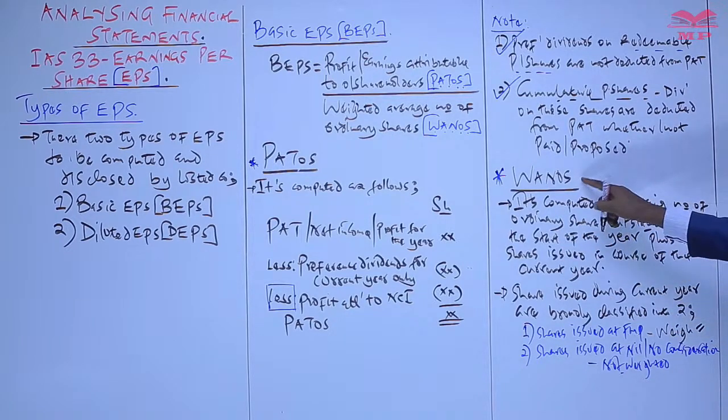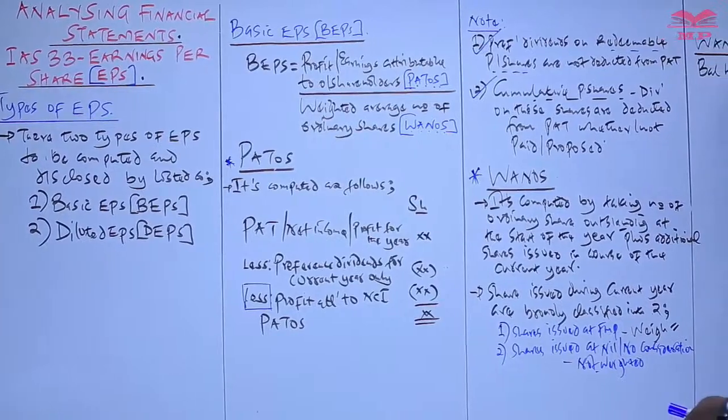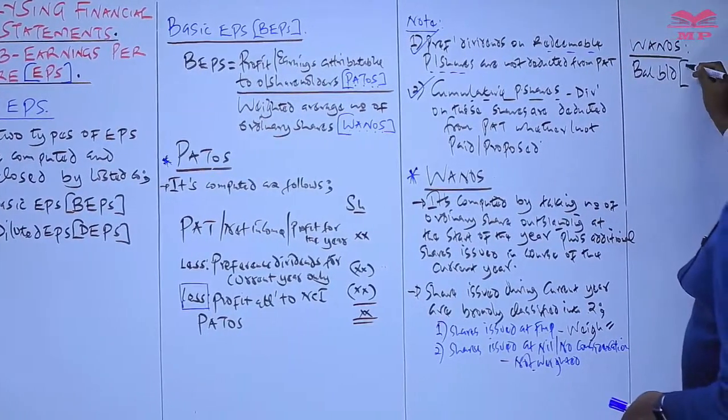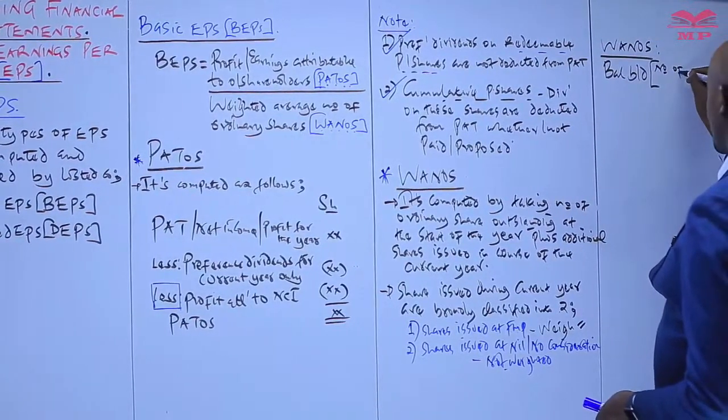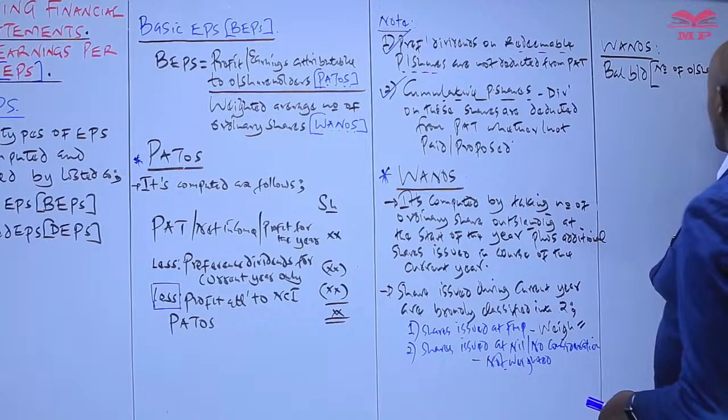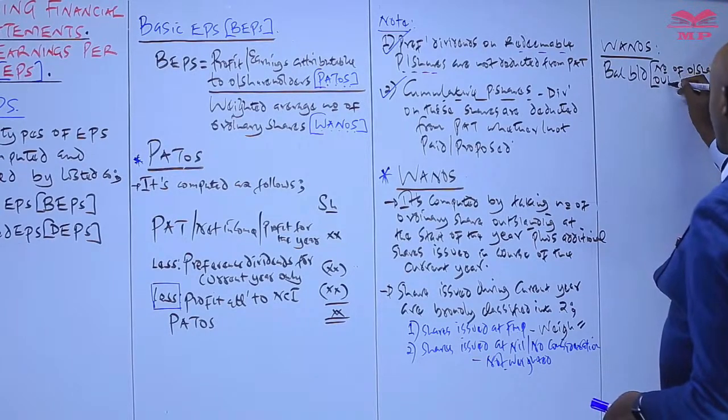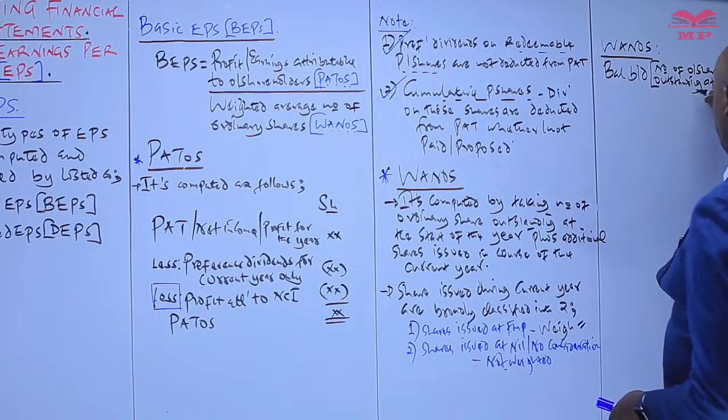So basically, to compute this weighted average number of ordinary shares, we always start with the balance brought down. What is the balance brought down? This is the number of ordinary shares outstanding at the start of the year.